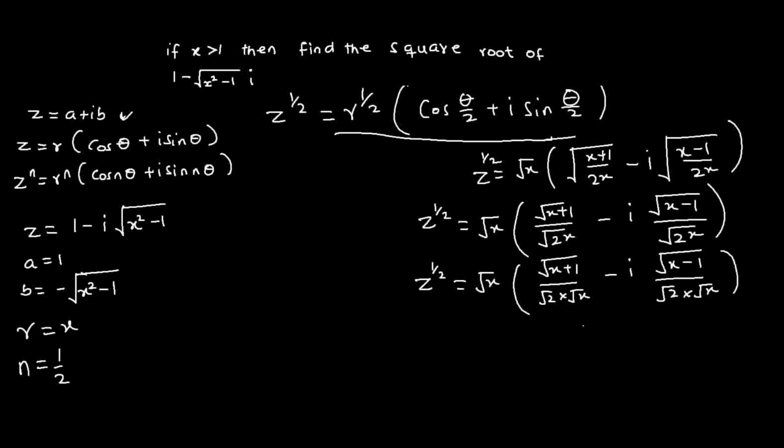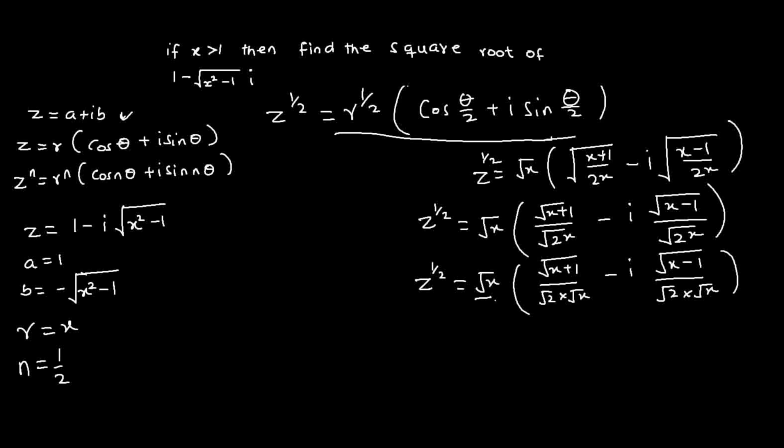So this is what you have now. And know that this root of x here will be multiplied by the terms in the bracket. So when I multiply this root of x by the square root of x plus 1 divided by root of 2 times root of x, this x here will cancel out this x.